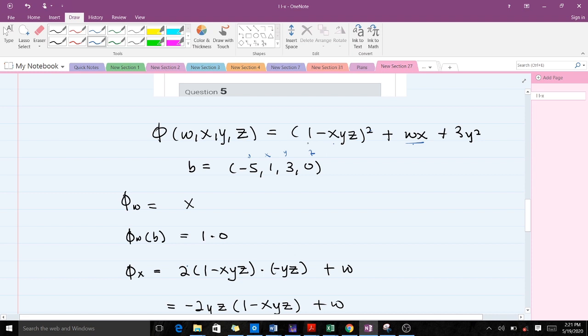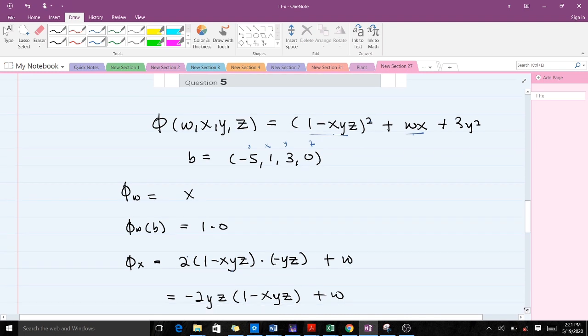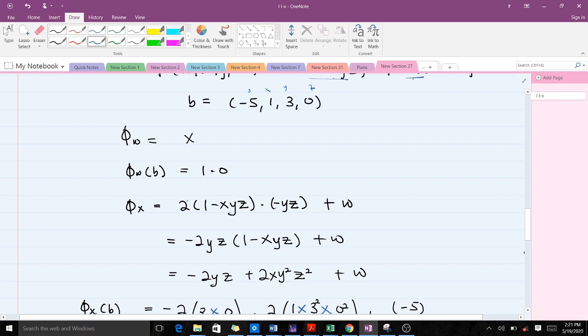Then we multiply everything by the expression that we have here. That's what you can see here. And you will come into the expression and differentiate whatever we had. So when you differentiate what is here, you're going to get negative yz. So that's what you can see here. Then when you come here and differentiate with respect to x, you get plus w. That's what you can see here. So you can simplify this further. It gives you this, right?